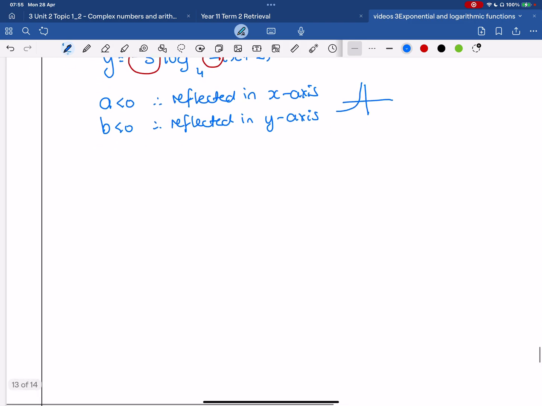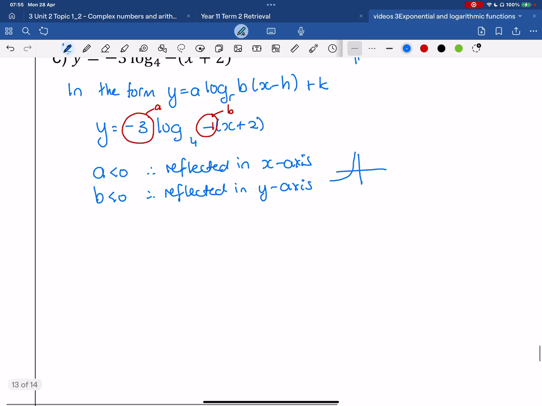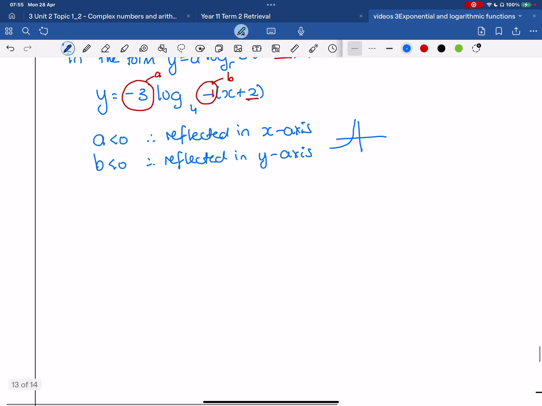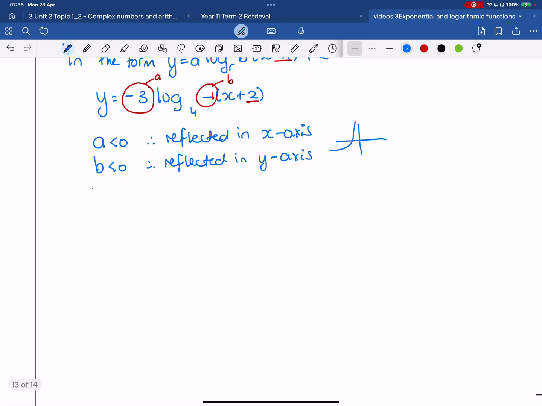Now if I have a look at my horizontal shift, which happens at h, I've got one at x equals negative 2. So I'm going to have a vertical asymptote at x equals h, and so that means x equals negative 2.